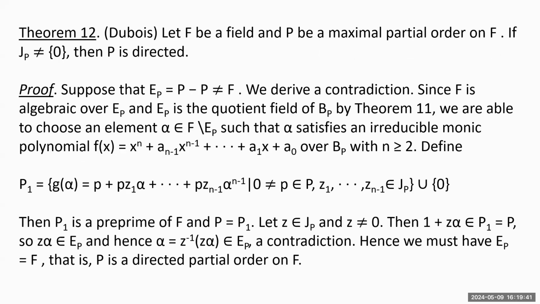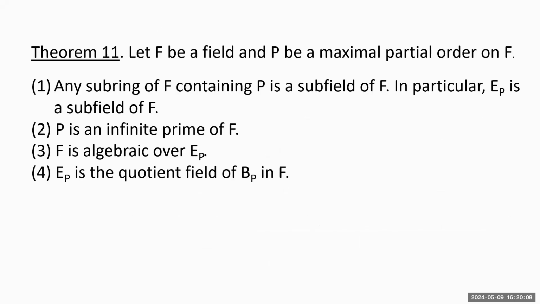Now we'll have this result. Let F be a field, P be a maximal partial order on F. If J_P is not 0, then P must be directed. We prove by contradiction. Suppose E_P is not F, then we derive a contradiction. From the previous result, we know F is algebraic over E_P.